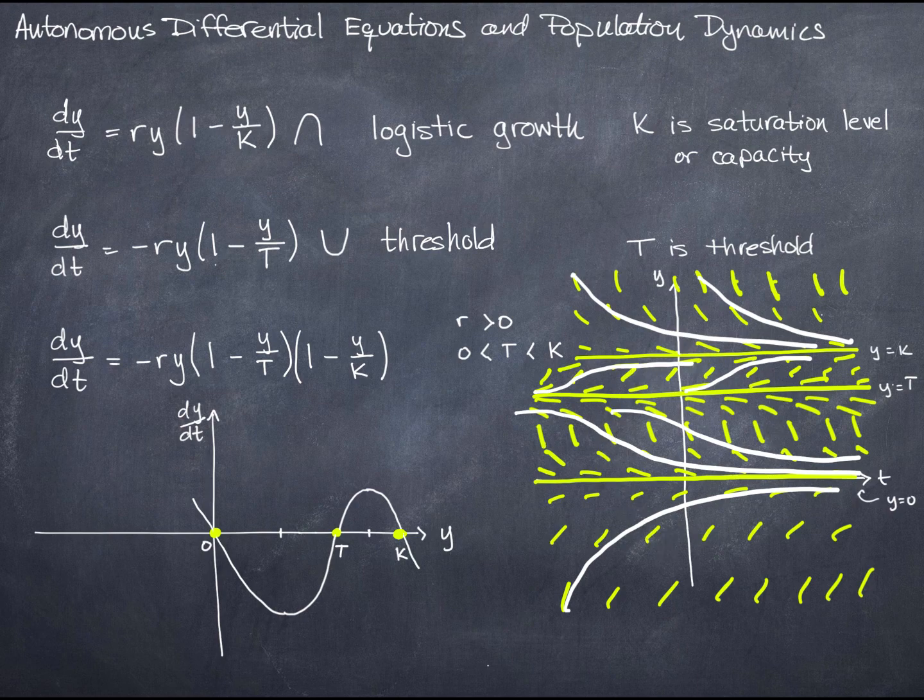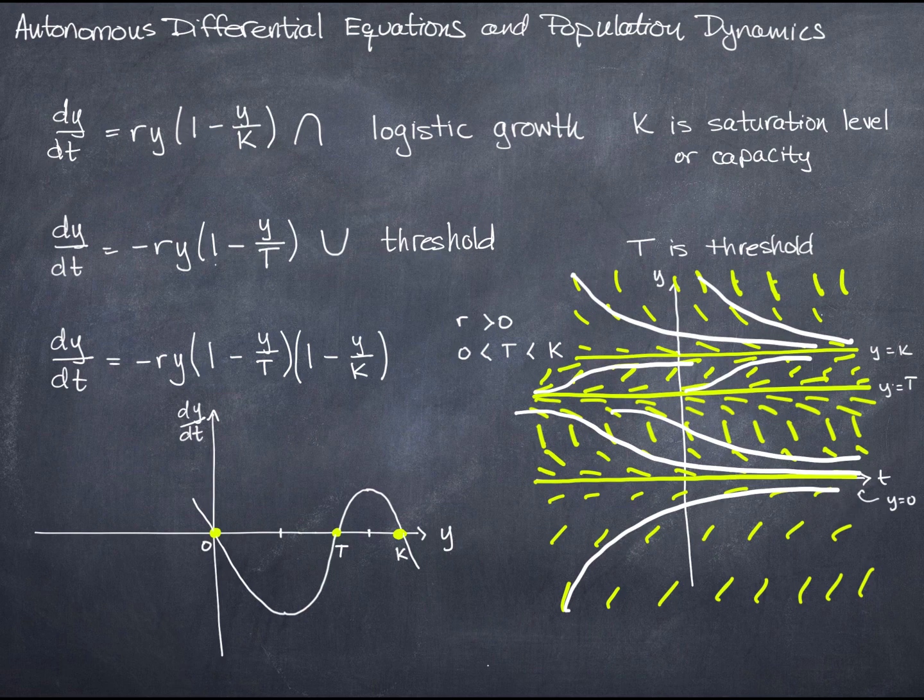If I know T, R, and K, then I can tell you exactly where this value is and exactly where this value is, and I might be able to be more accurate about my slope lines, but I still have a whole bunch of different situations going on.